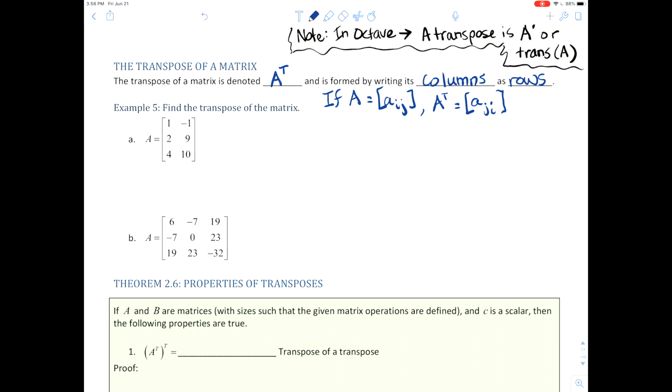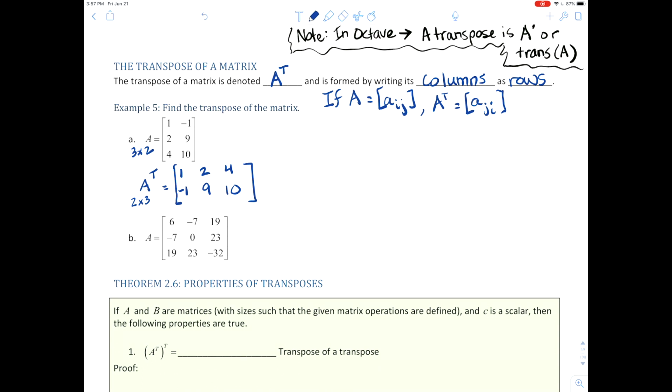Well, what do you think? Good. A is of size 3 by 2, right? 3 rows by 2 columns. So A transpose, when we switch those, is going to be 2 by 3, okay? So writing its columns as rows, we would have 1, 2, 4, -1, 9, and 10.